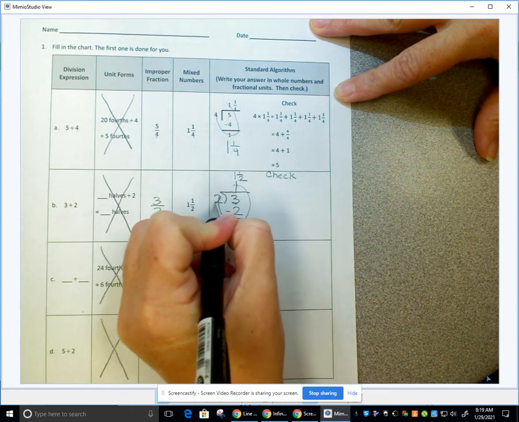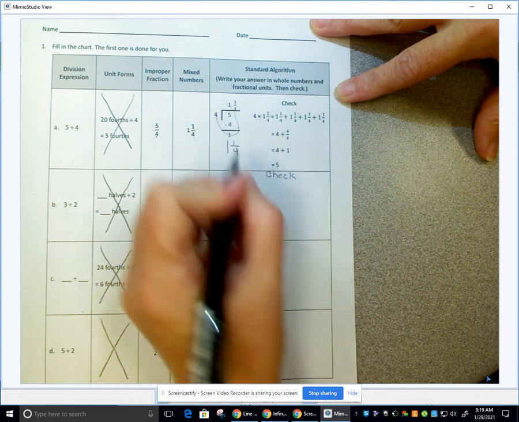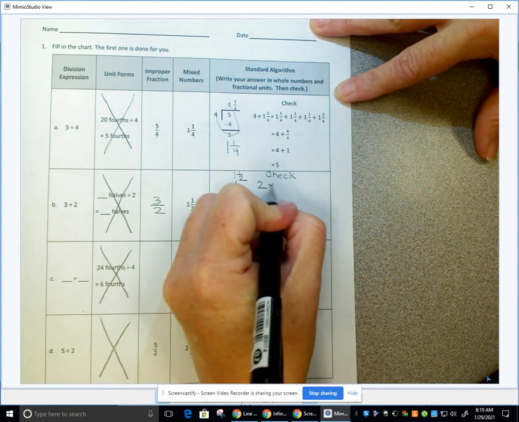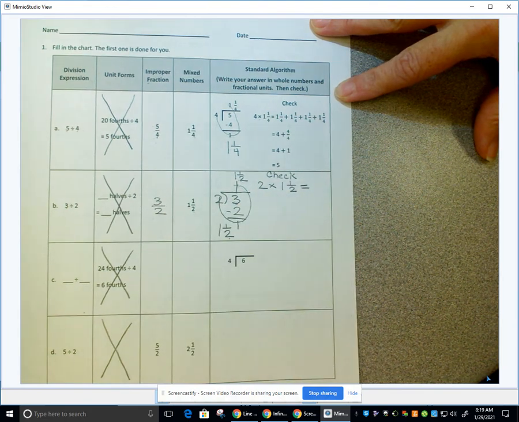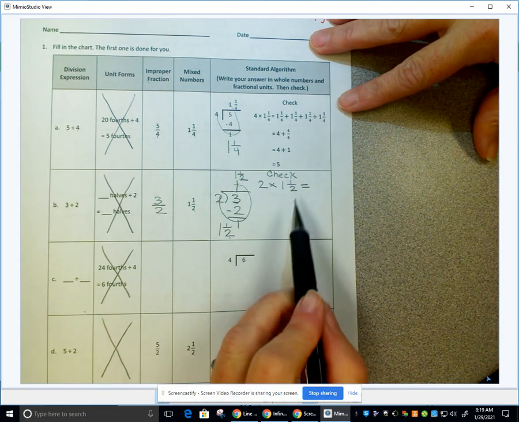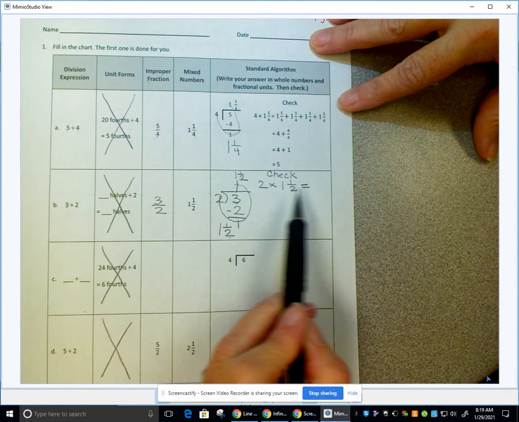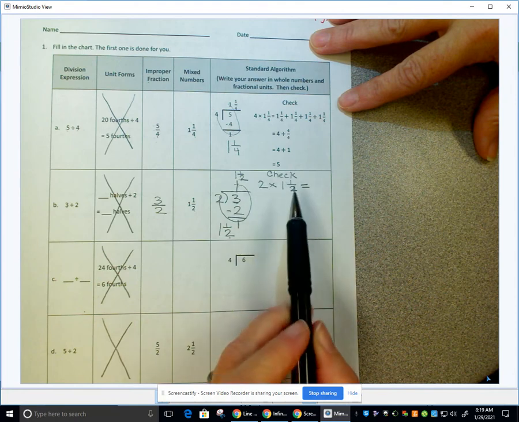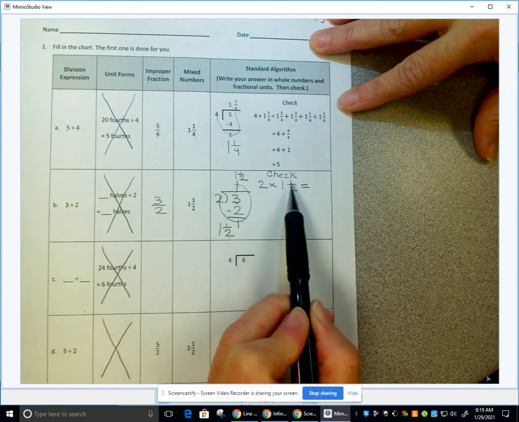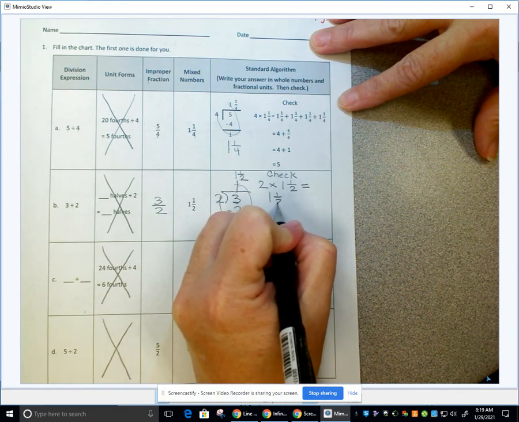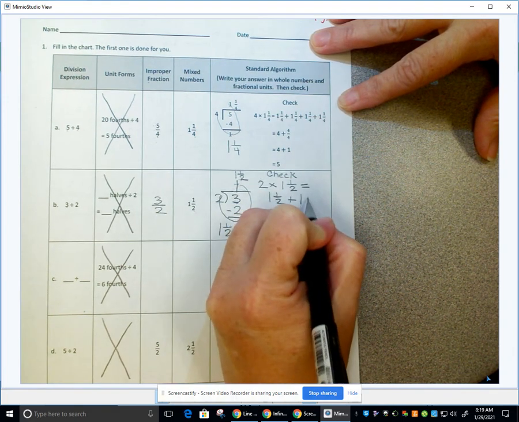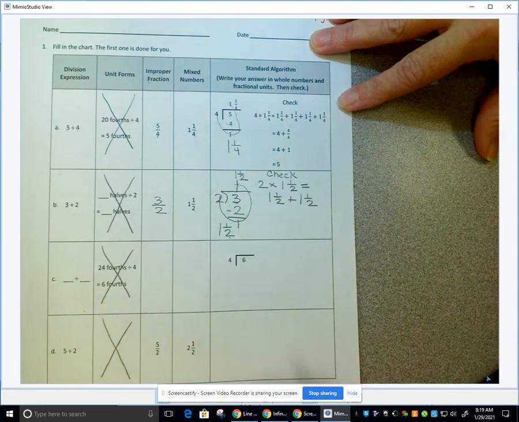Since they did 4 times 1 1/4, I'll say 2 times 1 1/2 equals. Now, we haven't learned yet to multiply mixed numbers, so we're going to do this a different way. 2 times 1 1/2 just means 1 1/2 plus 1 1/2, right?